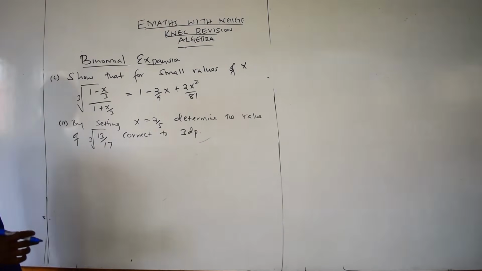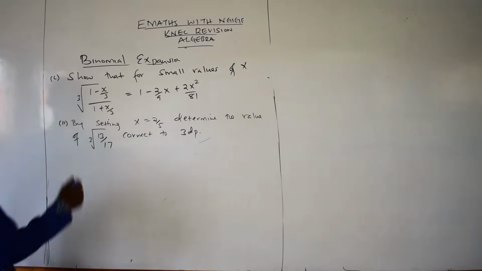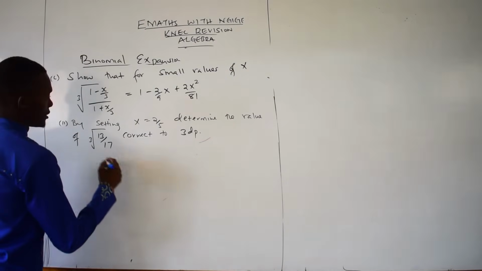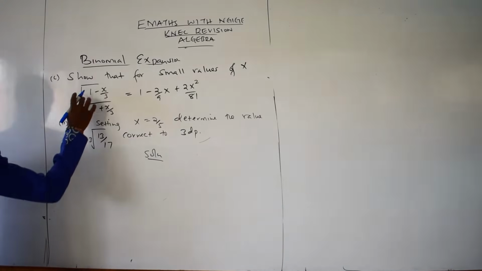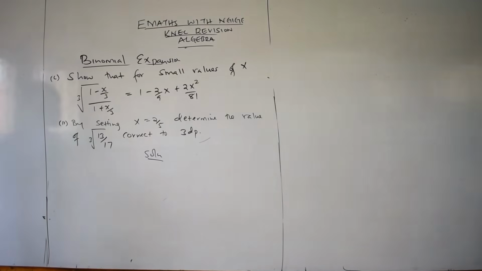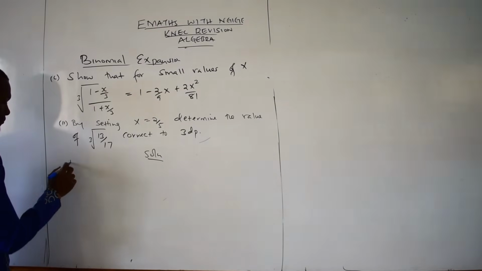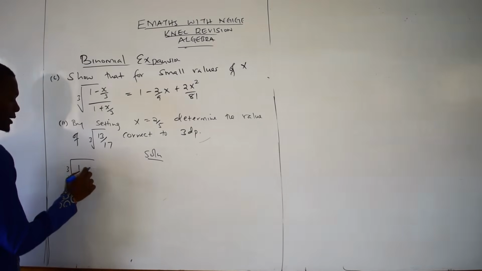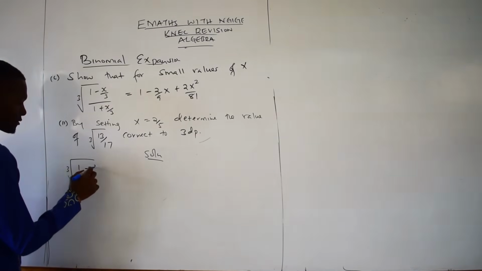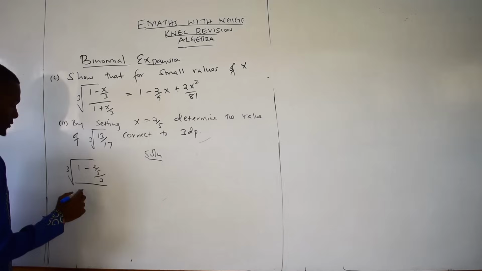Now, part 2. By setting x equals 2 over 5, determine the value of the cube root of 13 over 17. So given by that. Now, for this part, we just replace the values of x in the two equations. So we shall have the cube root of 1 minus, so our x is 2 over 5, so 2 over 5 over 3, over 1 plus 2 over 5 then divided by 3.